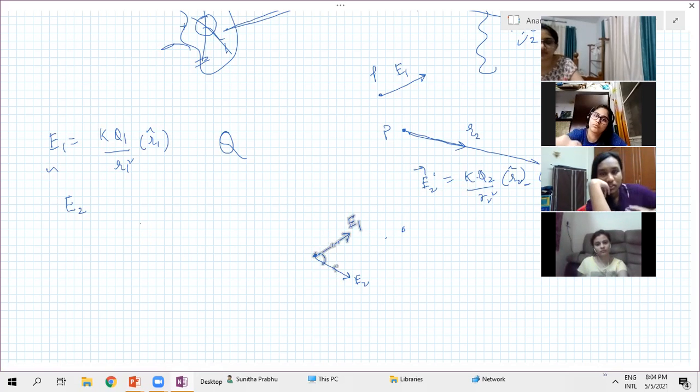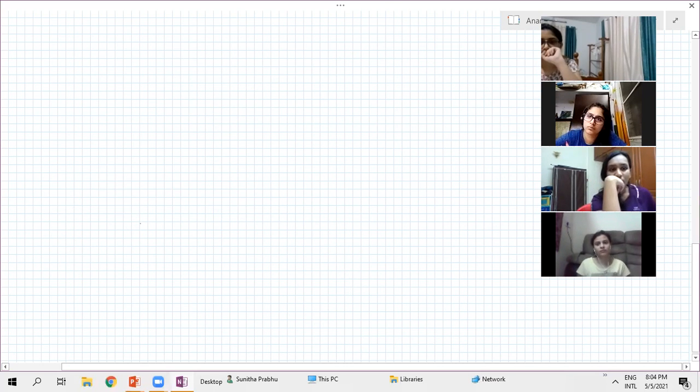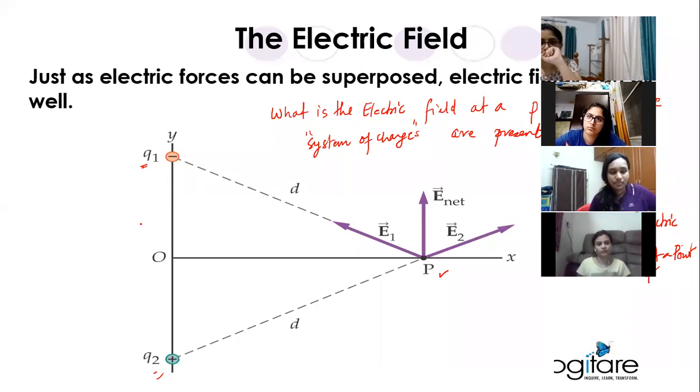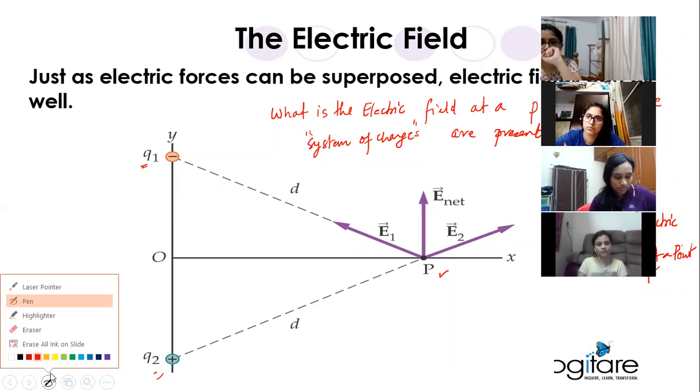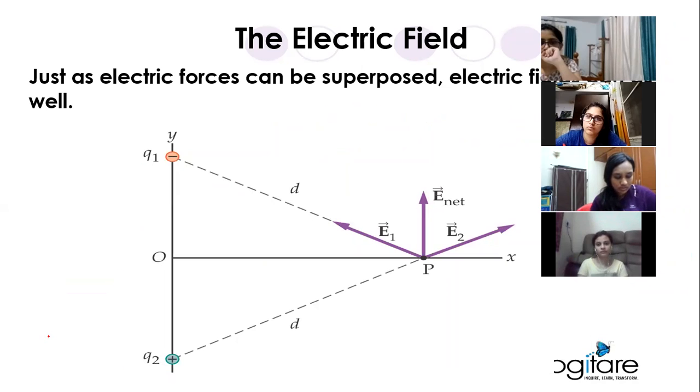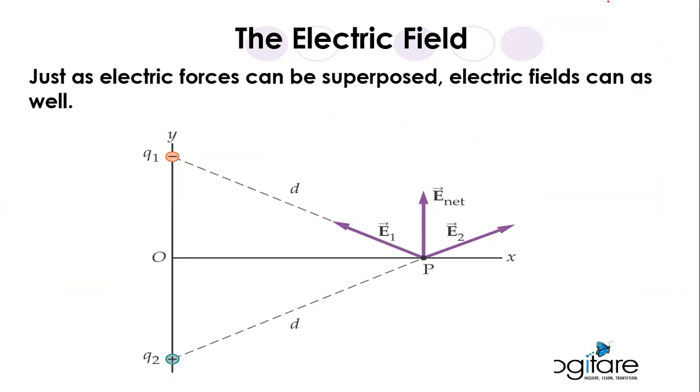Okay, so basically what we are discussing here is, in order to find the electric field at a particular point in a system of charges, we use the principle of superposition. You forget Q2, you consider Q1 alone, and at this point P, the field will start and terminate at that point.